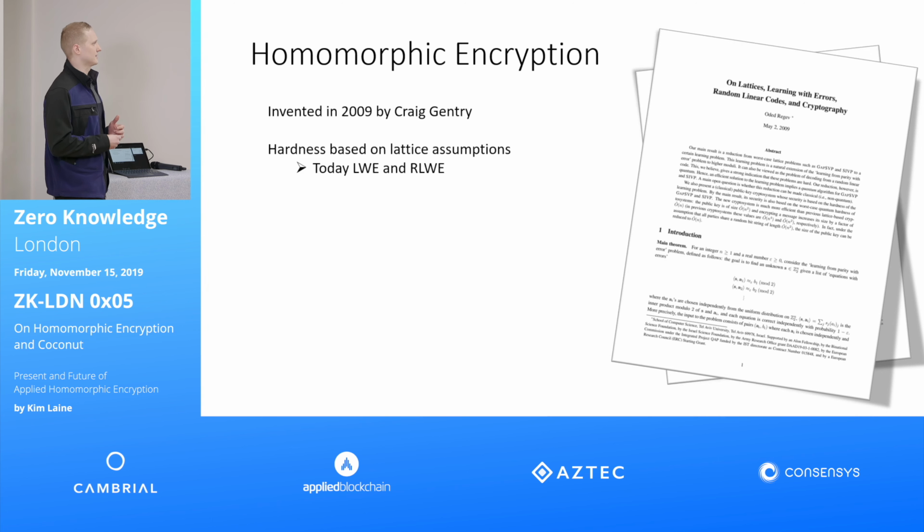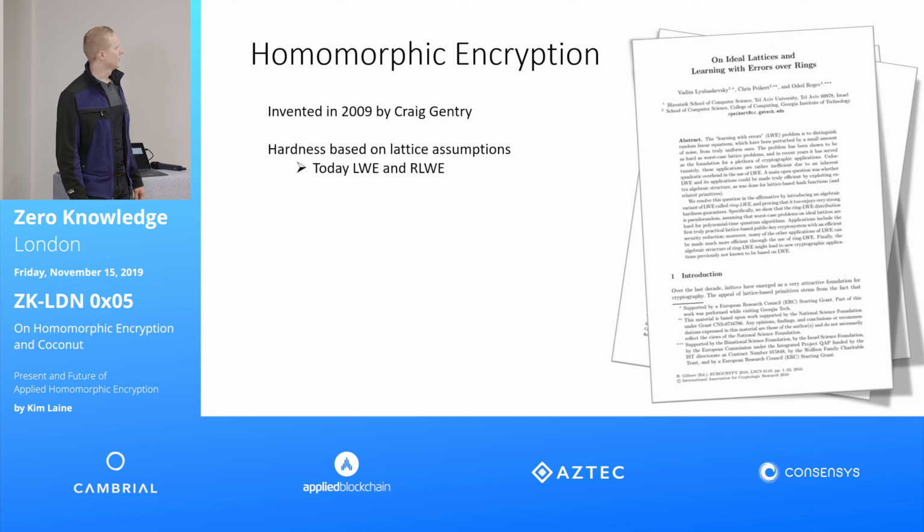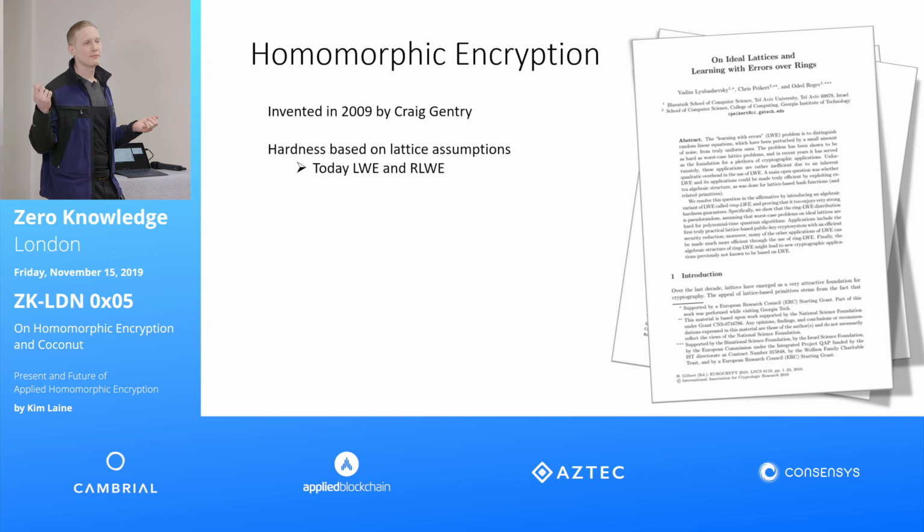NIST has this post-quantum conference series where they try to decide which crypto systems to select for standards, and many of them are based on these kinds of assumptions. Today, many of them use either the learning with errors assumption or the ring learning with errors assumption. Learning with errors is an interesting problem. It's almost like a linear algebra problem. You can think of a system of linear equations, modulo some prime number p.